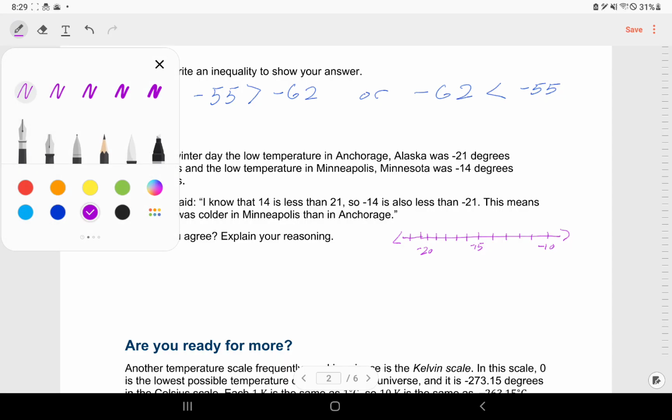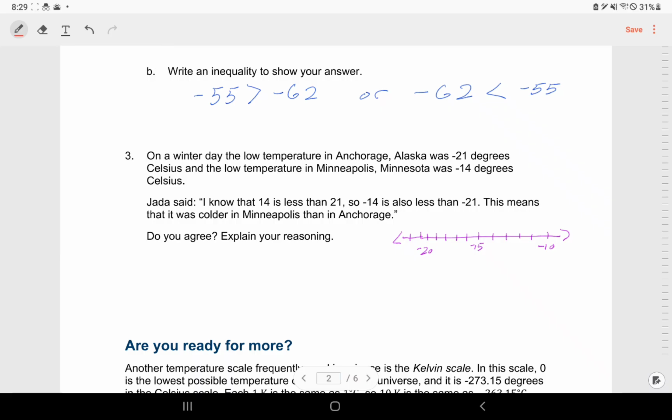And so we've got negative 14, 1, 2, 3, and negative 21.